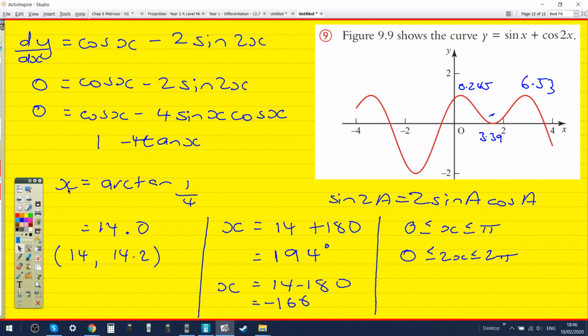We can do it a different way. Let me just think about this. That's 1 minus 4 tan x, and 4 tan x is a quarter. Yeah, looks good. The other way we can do this is by factorizing cos x.